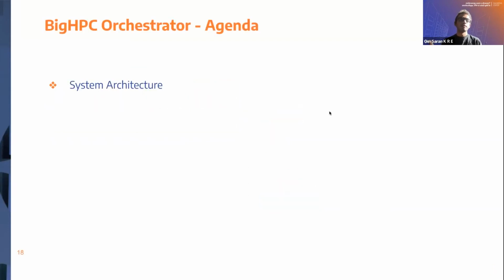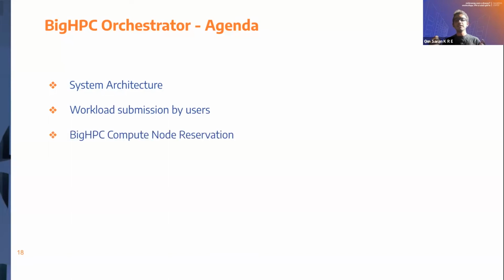The things that we will be covering as part of it: first, we'll talk about the system architecture of the orchestrator. Then we'll see how a user submits his workload. The workload can be something like a scientific experiment that a scientist wants to run on the BigHPC framework. Then we'll see how a node is reserved for BigHPC so that the BigHPC framework can start using the compute nodes available in the HPC.